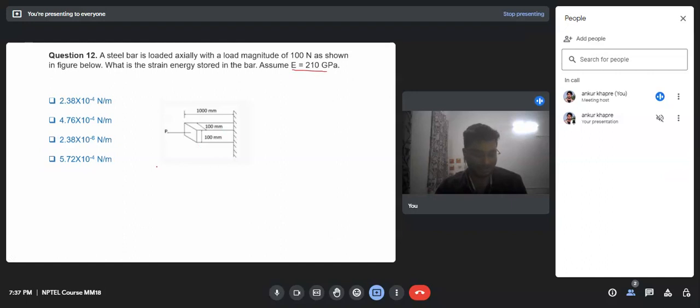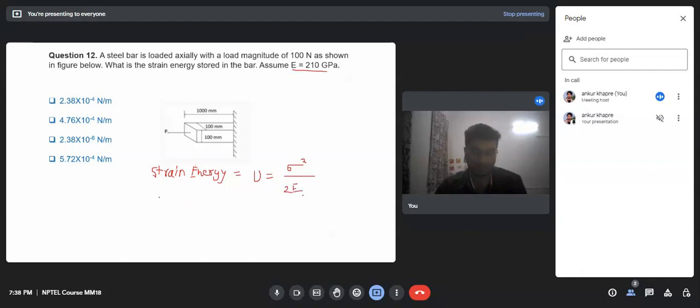Okay, so for strain energy, there is a direct formula. Strain energy, we are calling it U, is equal to sigma square upon 2E.